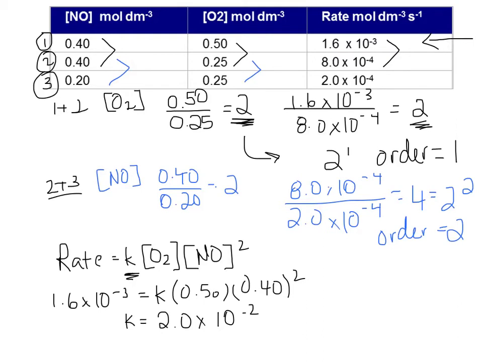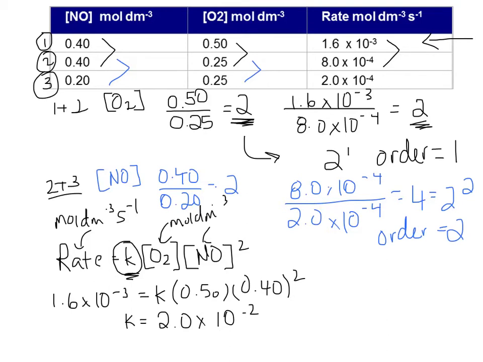And then we need to figure out the units for our K based on the units that we have in our expression. Rate is always given as moles per decimeter cubed per second. For O2, it's going to be moles per decimeter cubed.